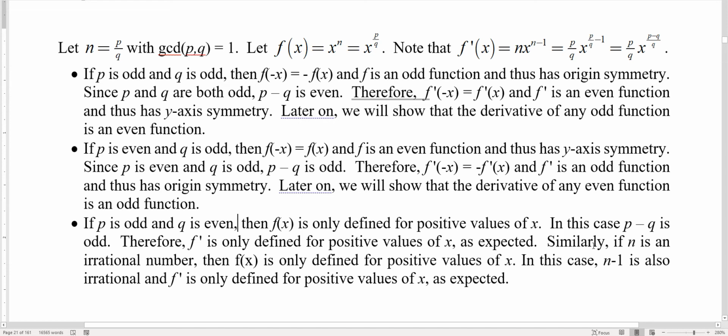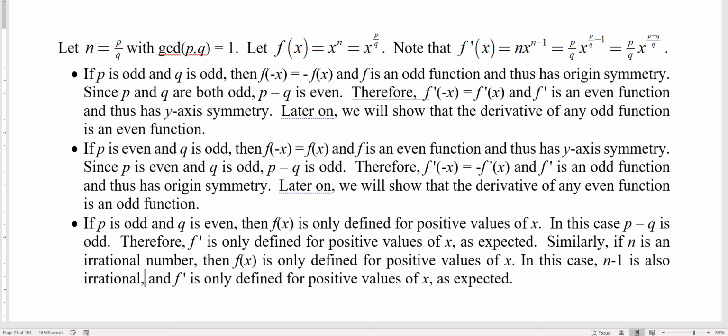Similarly, if n is an irrational number, then f of x is only defined for positive values of x. And in this case, n minus 1 is also irrational, and f prime is only defined for positive values of x, again, as we expect.